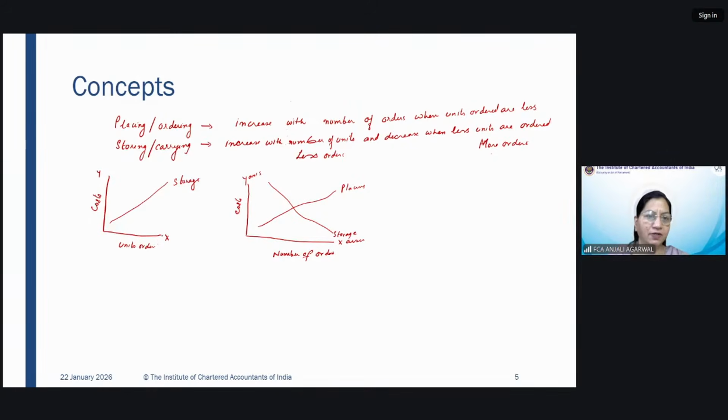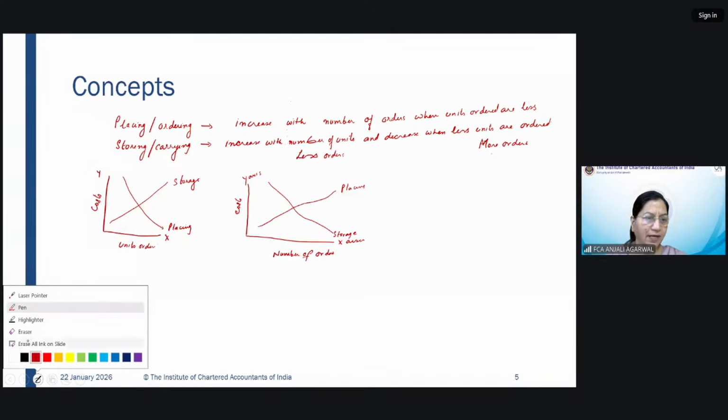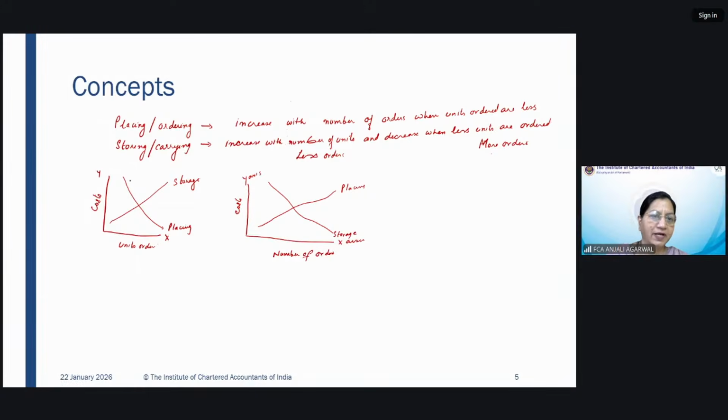And when units ordered are more, less number of orders, therefore placing costs will be less. So we have to strike a balance between the two. And where is that balance struck? Generally, where the two costs are least. And they are least when the placing and storage cost meet.